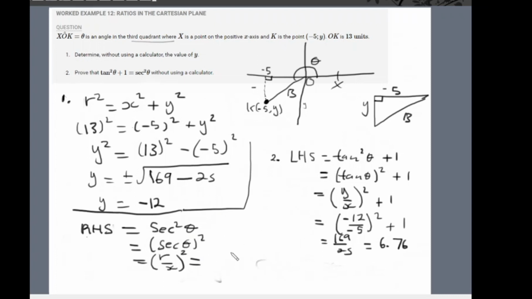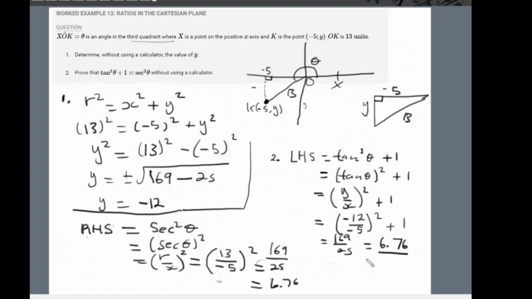So we know the value of r to be 13 and the value of x to be minus 5. So this is equals to (13 over 5) squared, which is equals to 169 divided by 25, which is equals to 6.76, right?